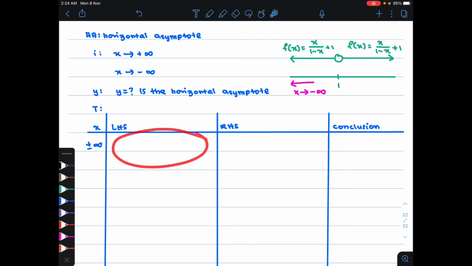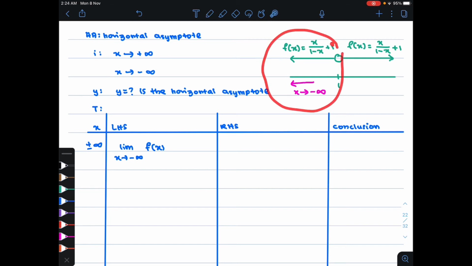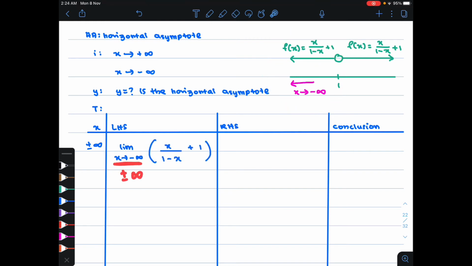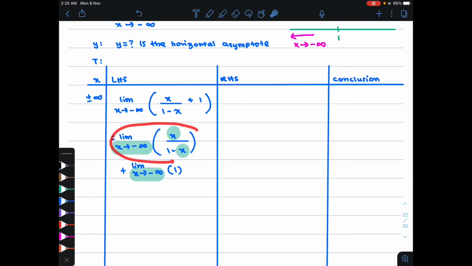So for this one here, you need to find the limit of f(x) as x approaches negative infinity. And on the left hand side, our function is this f(x). Since x is approaching positive or negative infinity, if you have two functions here, separate it into two limits. Like this. Now substitute x equal to negative infinity into x. Let's do the first limit here.